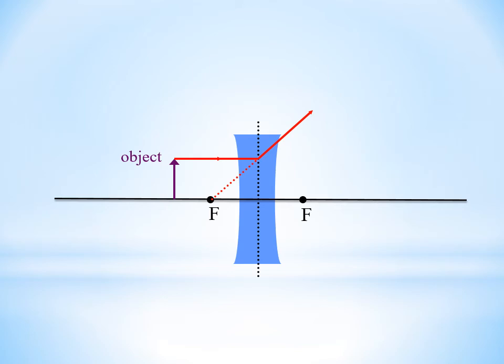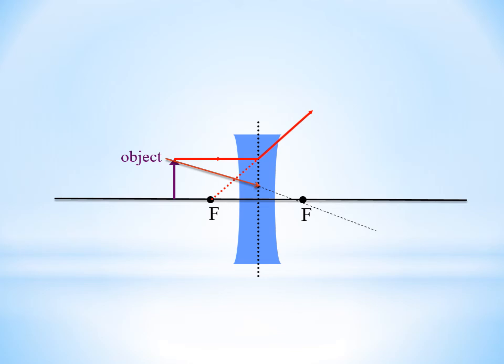Second ray, which is the focal ray. This ray starts from the same point as the first ray, at the head of the object. The extension of the incident ray will pass through the focal point. As we know before, the focal ray is incident to the lens and its extension passes through the focal point.